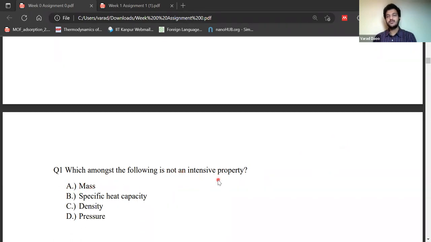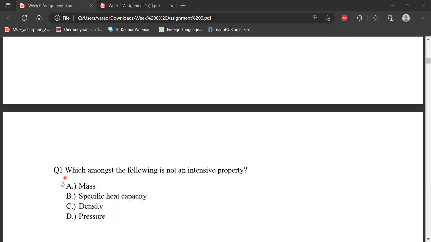Does anybody want to guess what the answer would be? Narsimha, are you there? Would you like to answer? Hello. Okay, Ashwin. Intensive is independent. Yes, intensive is independent of mass. Density is also independent, and pressure is also independent.